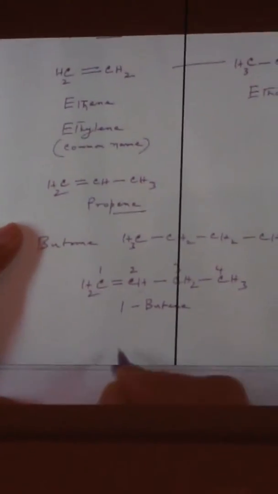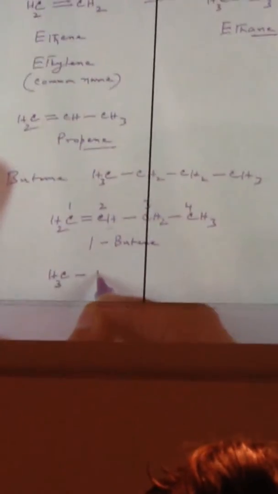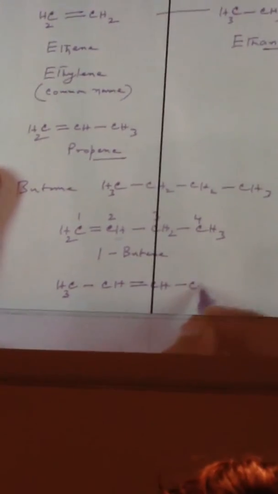If we move the double bond, then there's a consequence of generating stereoisomers as well, because if we write 2-butene this way, it can exist as two stereoisomers, because we can have a cis or a trans.